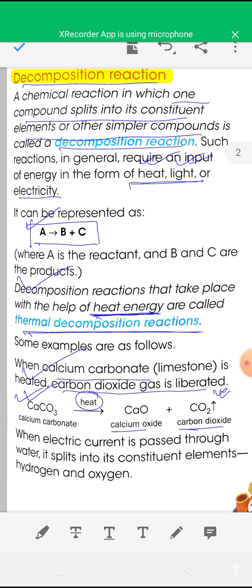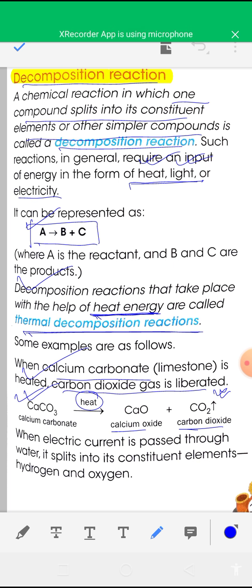One more example of decomposition reaction: when electric current is passed through water. In this reaction electricity is used. When electric current is passed through water, it splits into its constituent elements, hydrogen and oxygen.